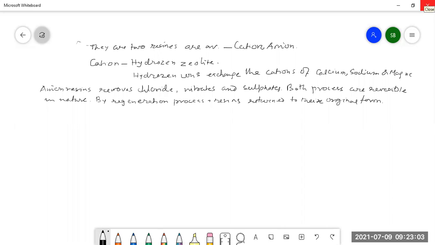Now, what I have shown is a typical demineralization plant, which consists of a cation exchanger, anion exchanger, degasifier, and silica absorber, in series. In the degasifier, carbon dioxide gas is removed by the aeration process.